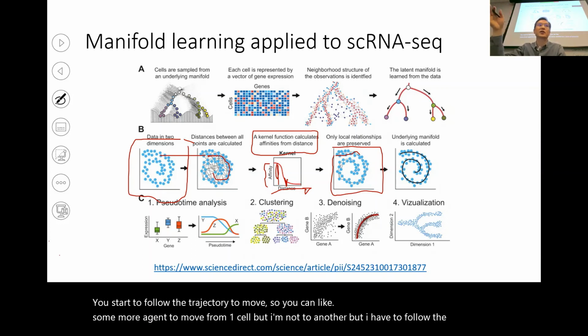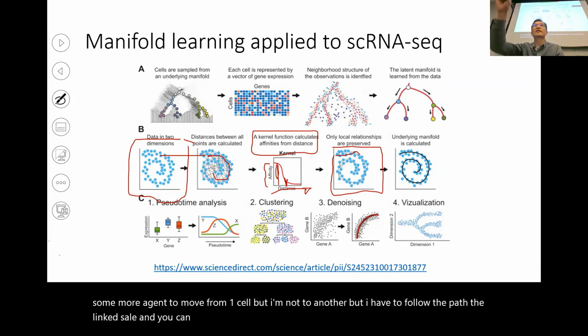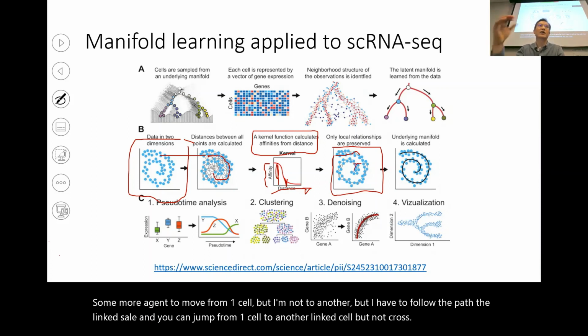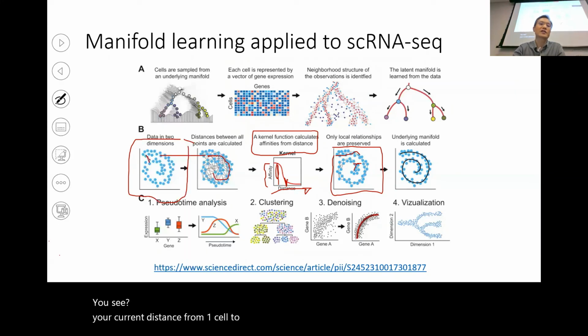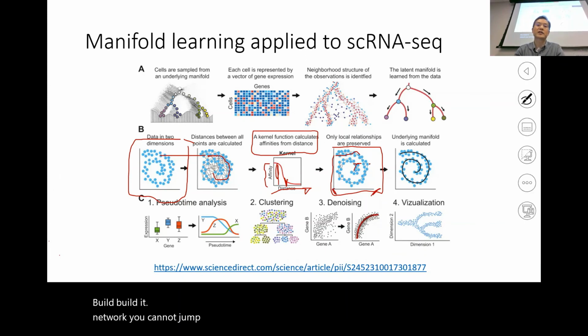You can jump from one cell to another linked cell, but not cross the valley. The Euclidean distance from one cell to another may look very close by, but once you have built this network, you cannot jump from one cell here to a close by cell. You have to follow the trajectory, and that's the meaning of the manifold.